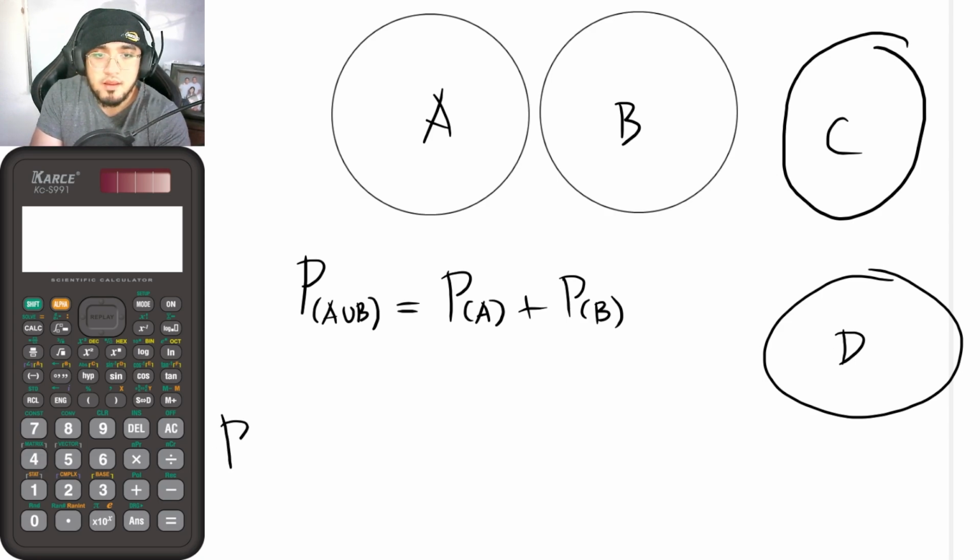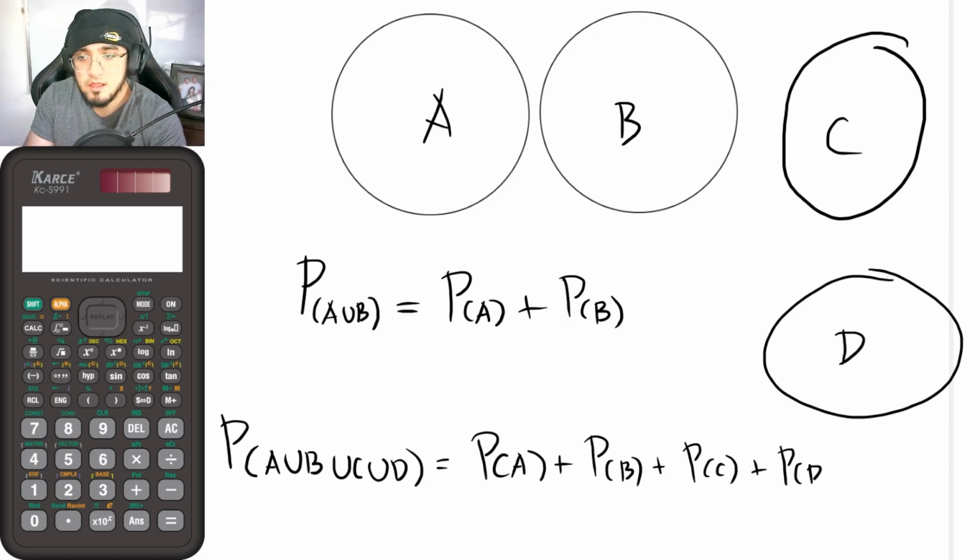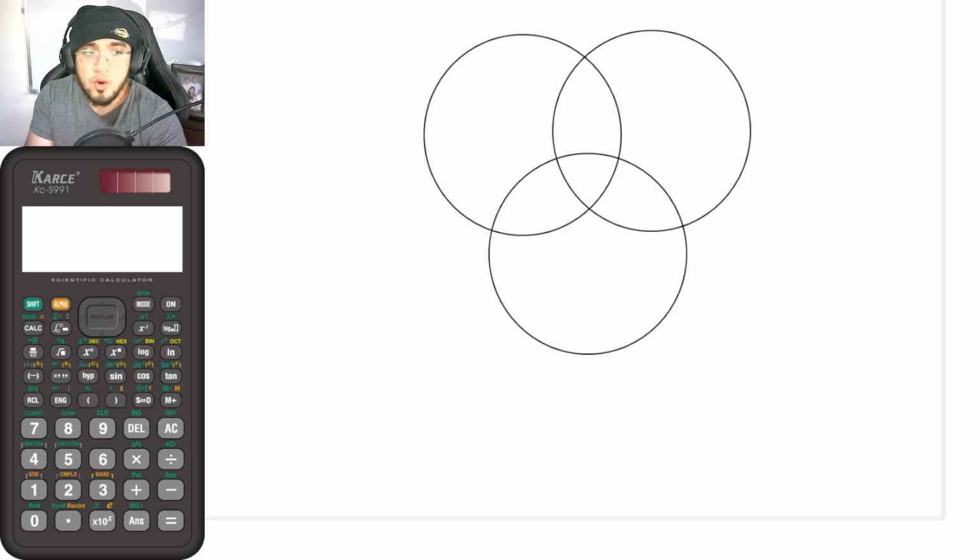So from that, in order for you to solve for the probability of their unions, just add their individual events. So there.